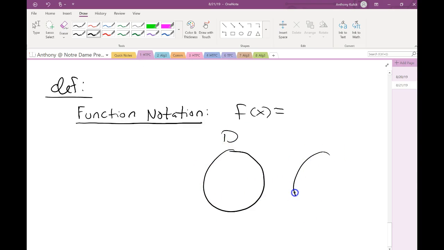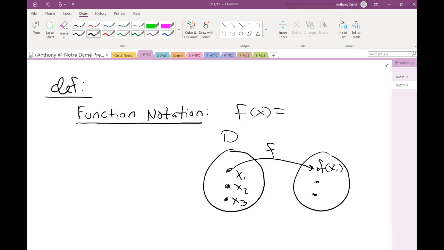is if I have a set D that contains these different x's, and I apply a transformation f to each of those x's, what I have as a result is f of x1, the transformation f applied to that x1.